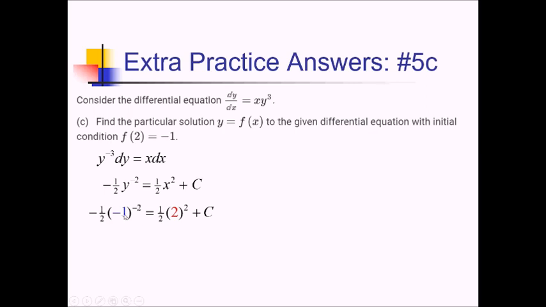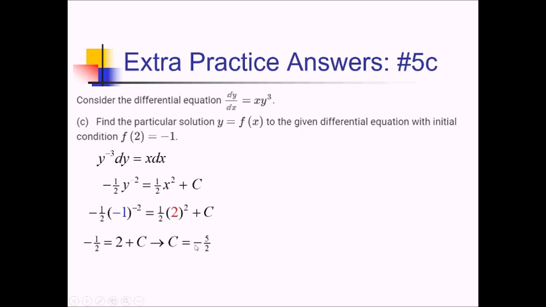Well, this is just going to be 1 over negative 1 squared, which altogether is just 1, times negative 1/2. So when the dust settles, on the left side, we just have negative 1/2. On the right side, we have half of 4, which is 2. So c then is going to be negative 1/2 minus 2, which is negative 1/2 minus 4 over 2, which is going to be negative 5 over 2 for the c value.